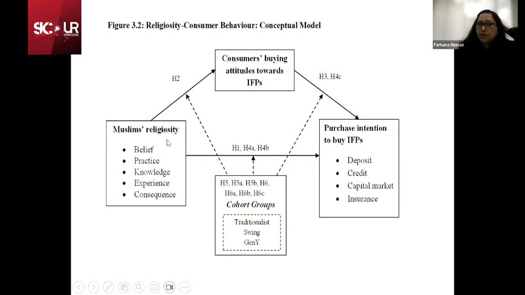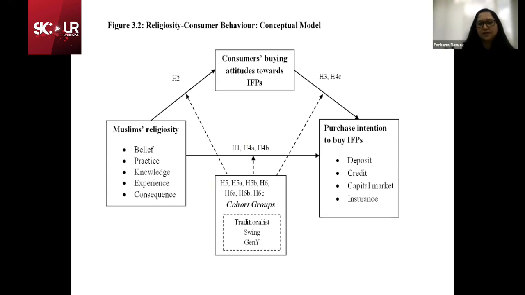If you launch a new product, you don't just directly influence people to buy it. You need to come up with promotional strategies to make them aware and understand the benefits of the product and the services, and then people will have a good feeling.